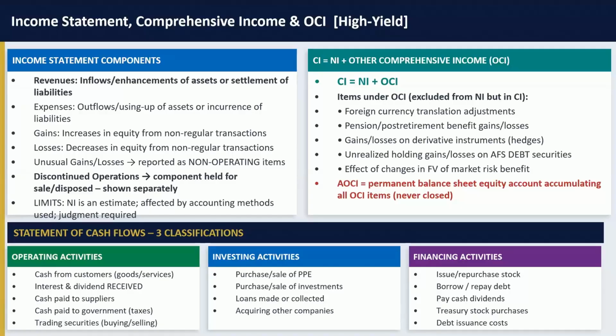If you sell an asset at a value greater than its book value, you will call it a gain. Suppose you are selling it for a value lesser than its book value, it's a loss. Then unusual gains and losses are reported as non-operating items. Unusual gains and losses might result from your lotteries or from your legal cases.